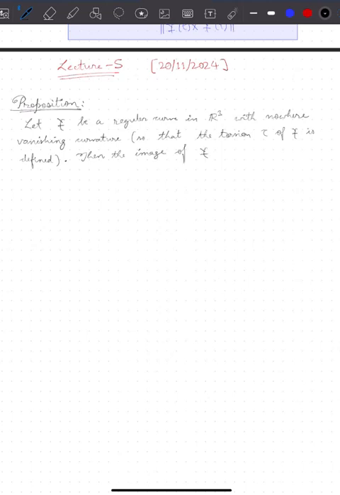Then the image of gamma vector is contained in a plane if and only if tau is 0 at every point of the curve.